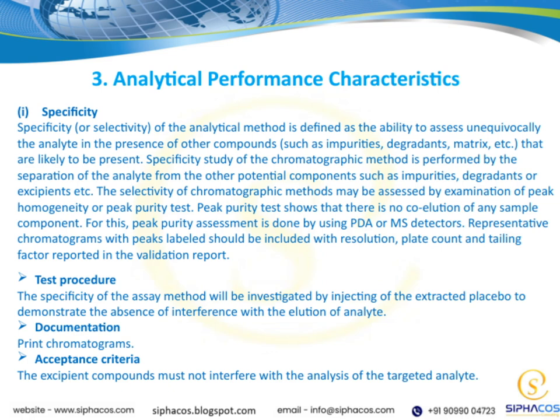We also document this process by printing chromatograms for record keeping. Finally, the acceptance criteria are straightforward. Excipient compounds should not interfere with our target analyte's detection. If these points are met, we can be confident in our method's specificity, which is crucial for the reliability of our analytical results and the overall quality of our product.